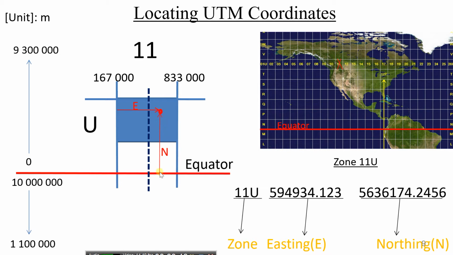This means the distance from the equator to this point, and it starts from 0 to 9,300,000. Right? But for a location below the equator, you have to change it, so it does not start the distance from here up to here, right?